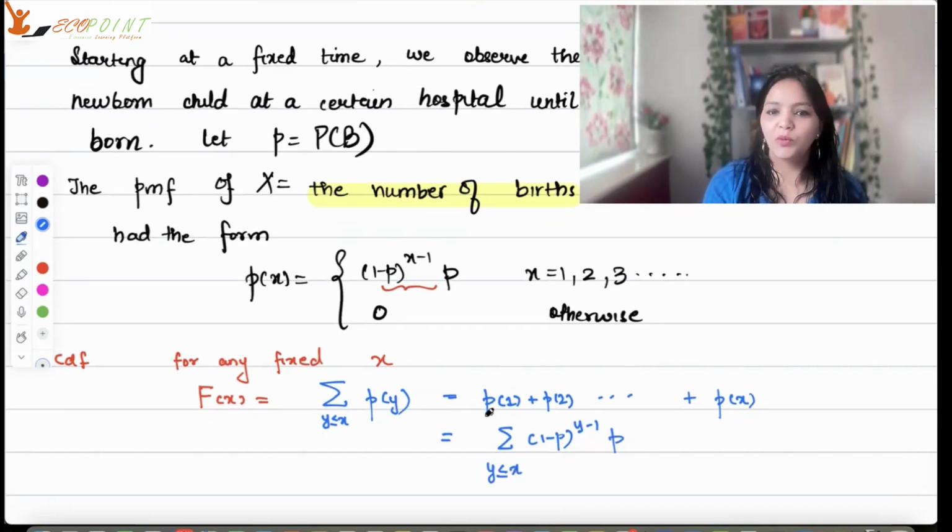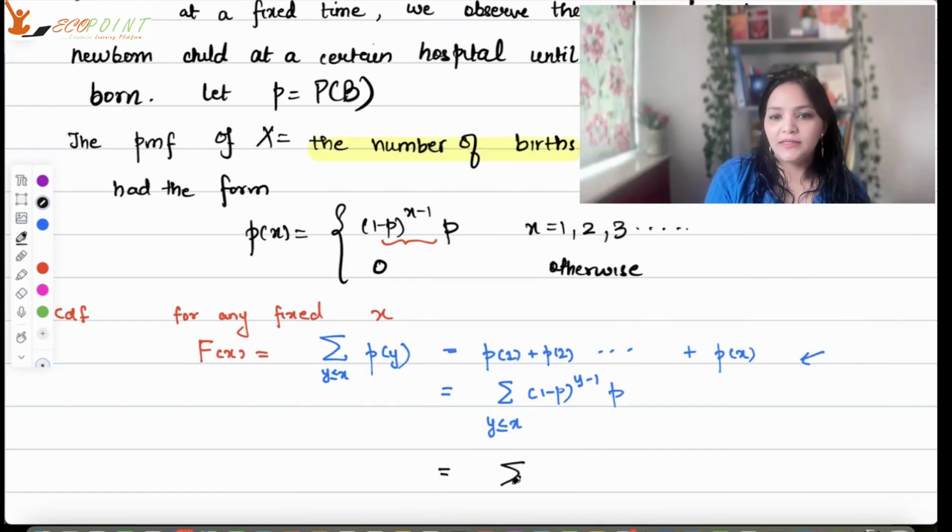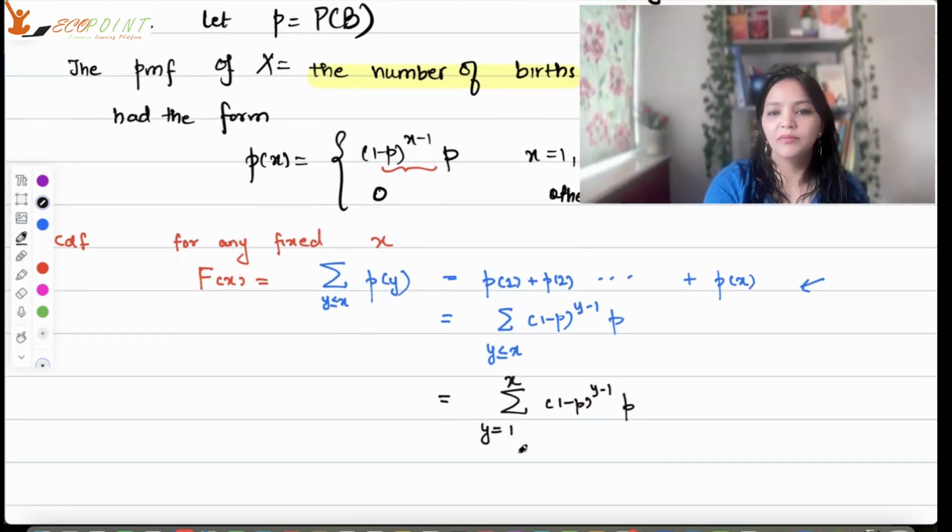Then again, the moment you start giving values 1, 2, 3, 4 to the variable, you will get the same sum. In other words, it is the summation of (1 minus p) to the power y minus 1, into p, where y takes the value 1 to x. y can take value at the maximum x.